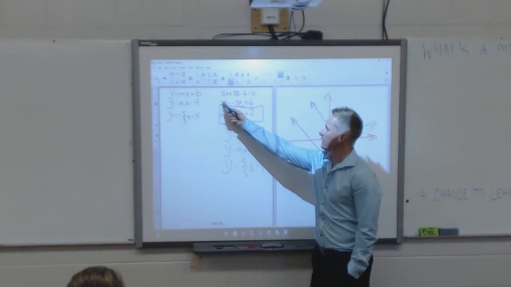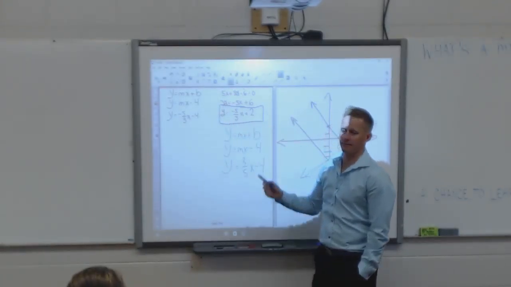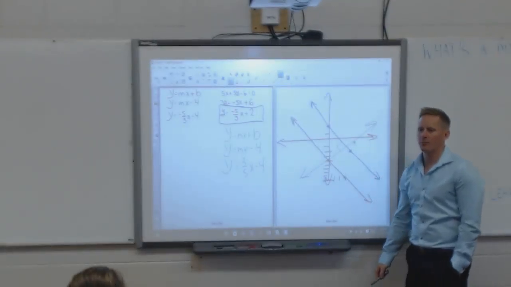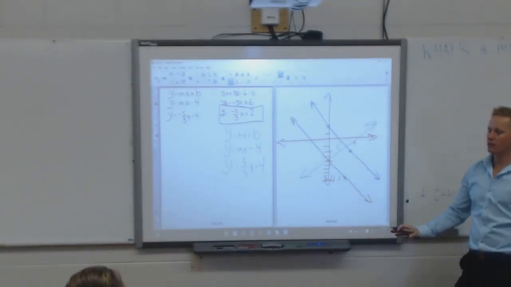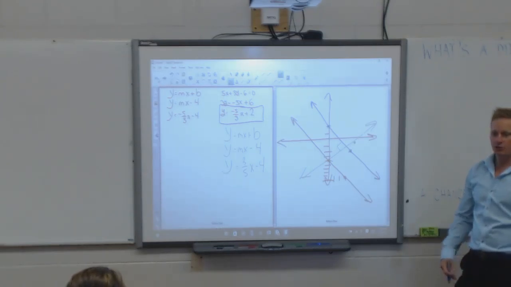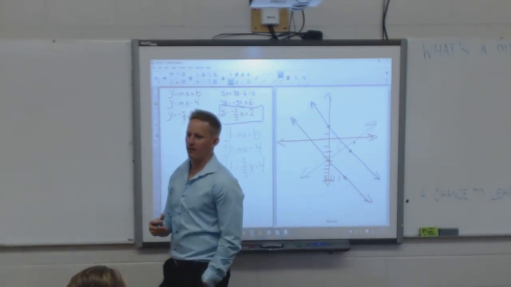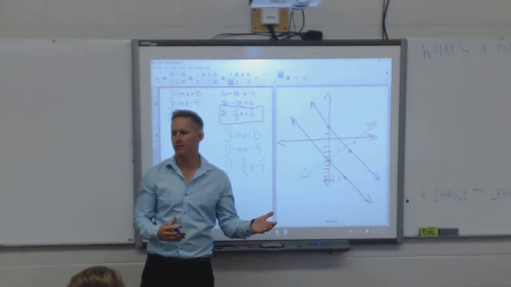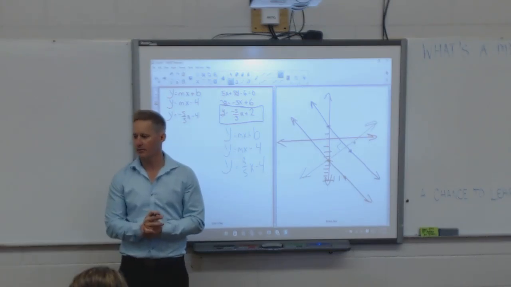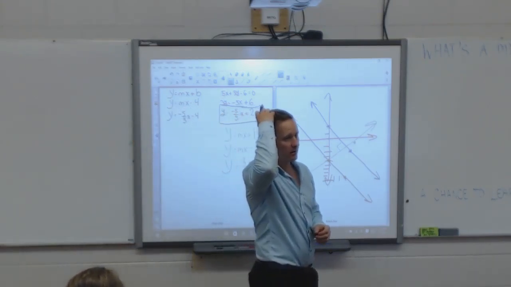Without having to take this and this to the other side, and then divide by that. It works. Both methods work equally as well, and they're both correct. Okay? So do you now understand the general form, and changing it to y-intercept, or slope-intercept form? Okay? So that makes it a little bit easier now.